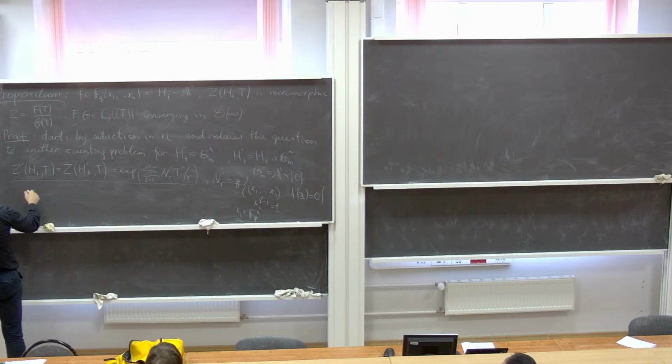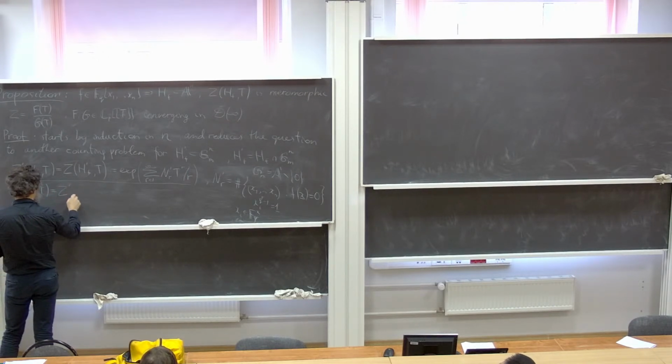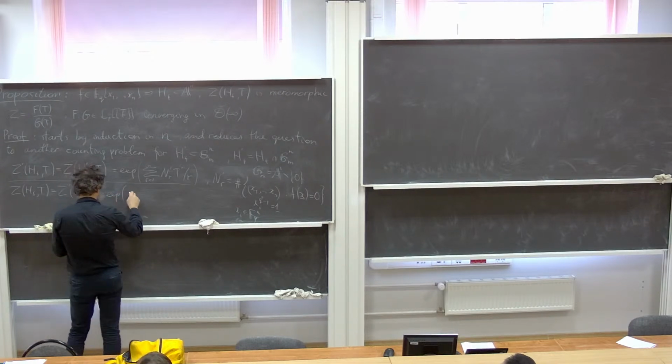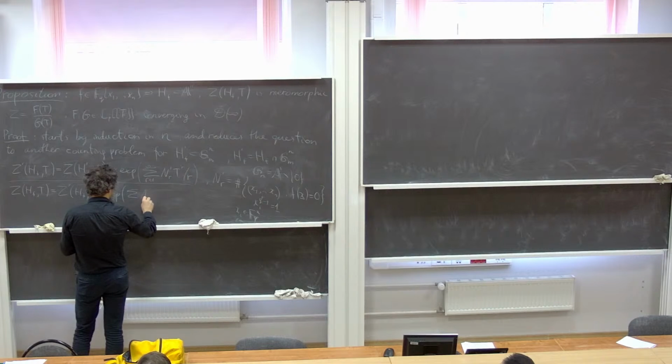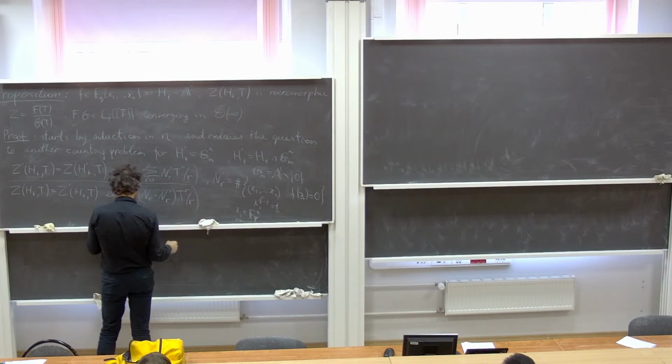Because I say that the original zeta function is just this new zeta function with prime times some extra factor, namely the exponent of the sum of N_r minus N_r prime times t to the r over r.